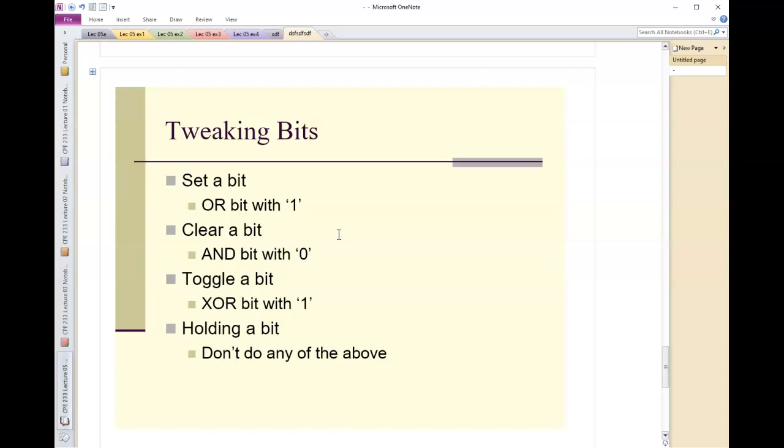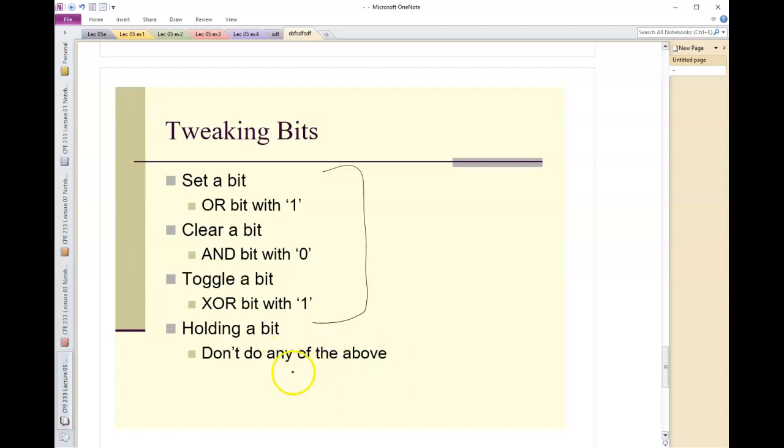If I need to clear a bit, I AND it with a 0. Anytime you AND anything with a 0, it becomes a 0. To toggle it, I exclusive OR it with a 1. So these things are like carved in stone. That's the way you do it. You gotta get this memorized. We use it a lot. We used it a lot in 133 also.